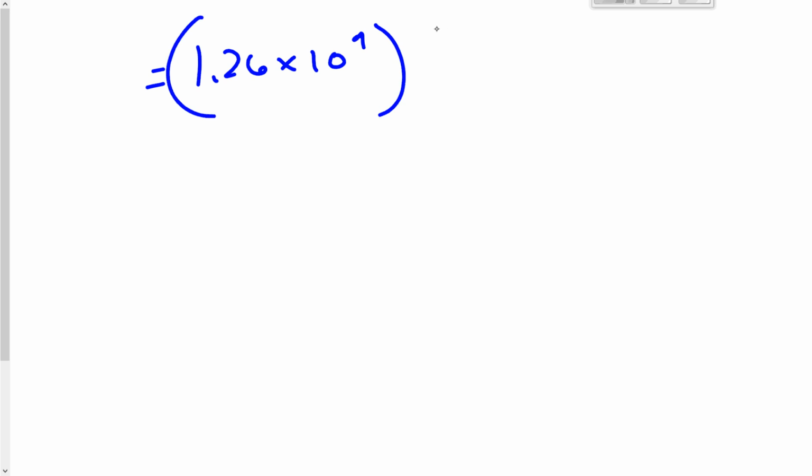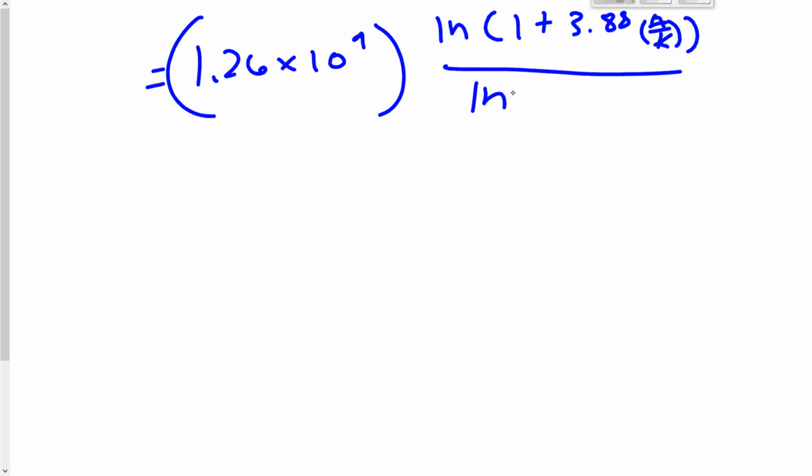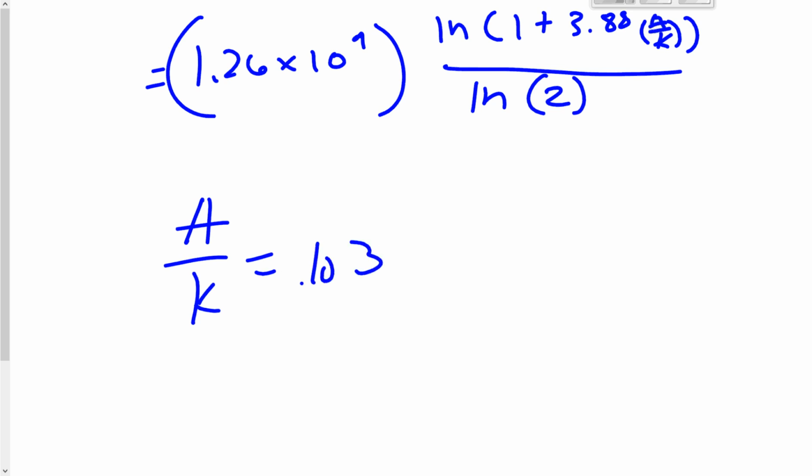And then we times that by ln of 1 plus 3.88 times A over K, and then we divide that by ln of 2, right? Okay, so they're going to let our A over K equal 0.103, and we want to go ahead and figure out what is the age of this rock.